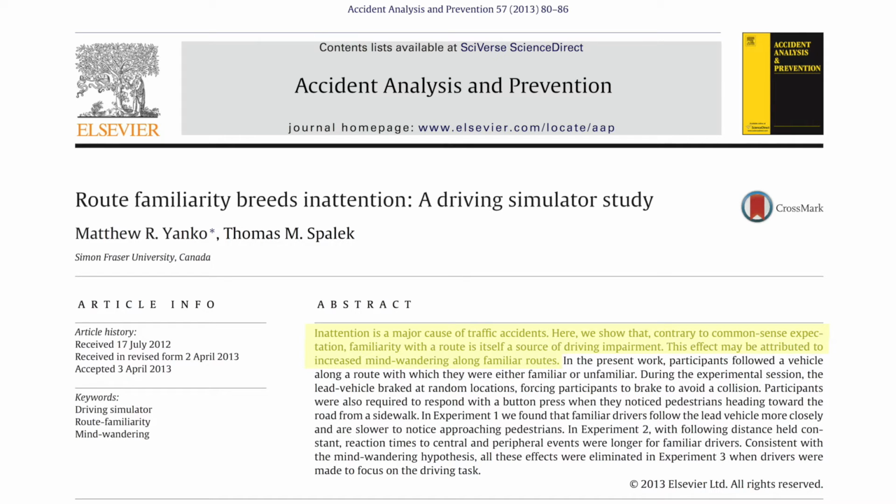Here we show that contrary to common sense expectation, familiarity with a route is itself a source of driving impairment. This effect may be attributed to increased mind wandering along familiar routes." So you are particularly vulnerable to mind wandering on familiar routes, where the task of operating your vehicle seems easier because it is offloaded onto the habit system.